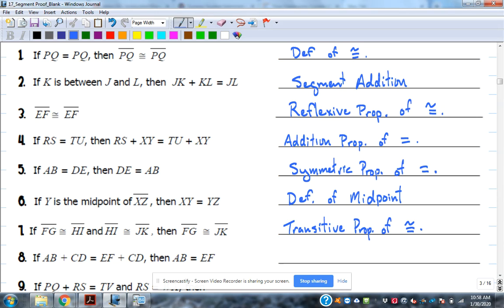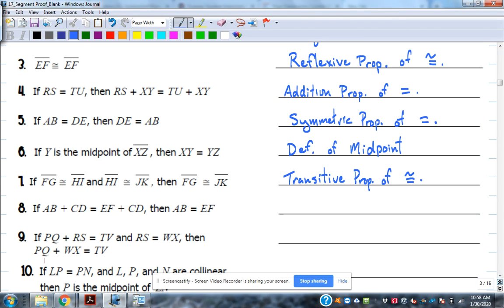Number 8. Is it addition property? Because what's the if? The hypothesis here has the plus, the same addition on each side. It's the converse of the one we did earlier.